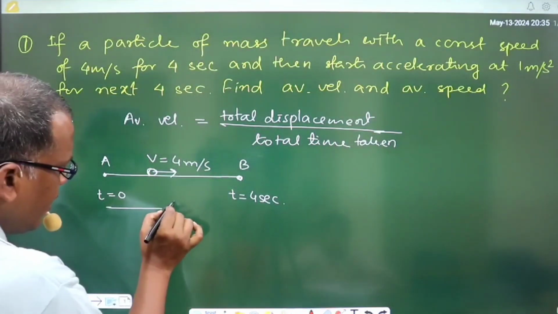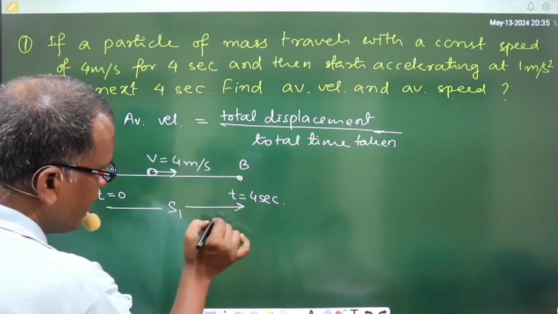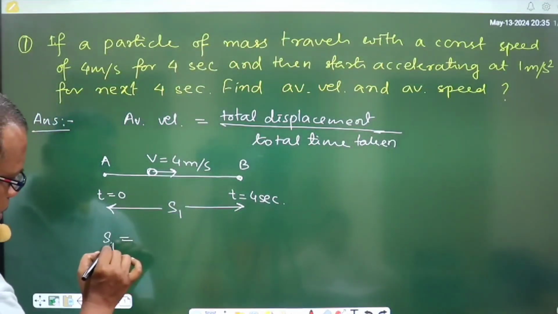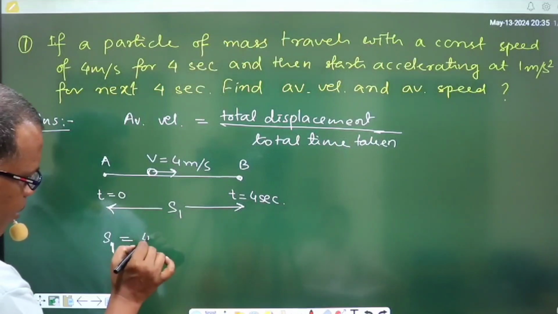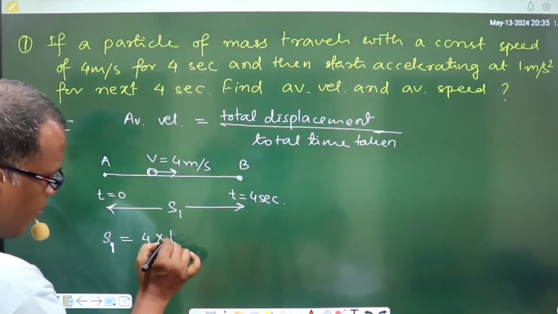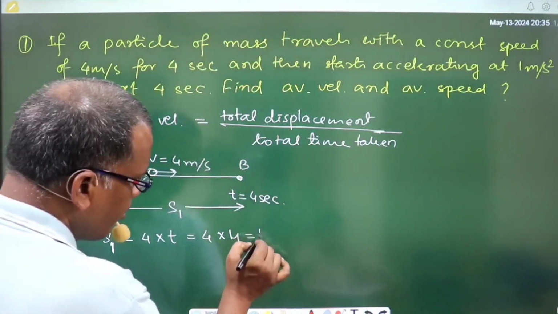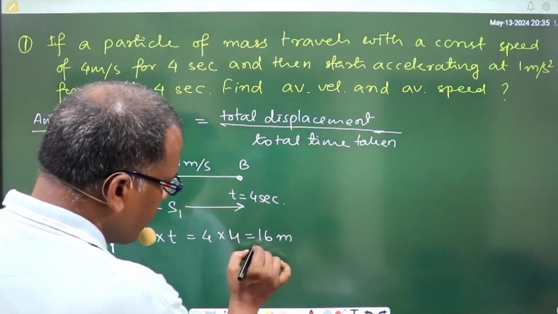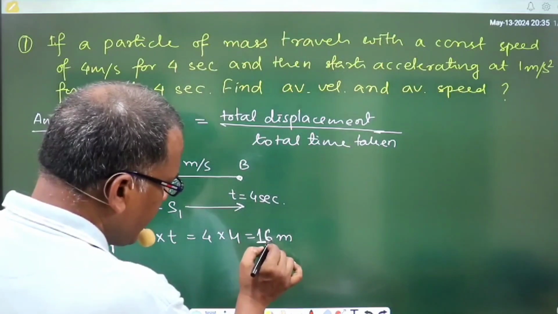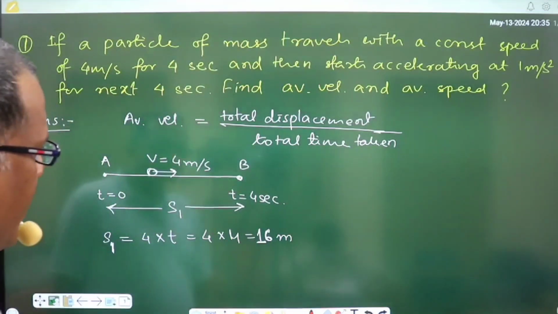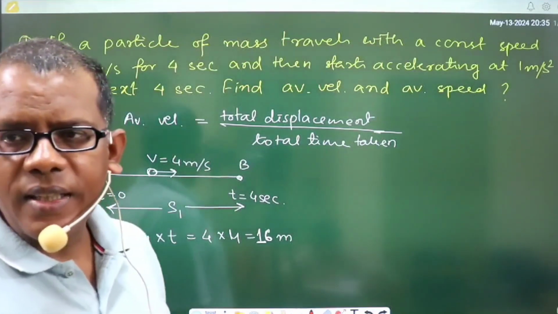So this is the displacement S1 in the first 4 seconds, calculated by velocity into time, so 4 into 4, which is 16 meter.